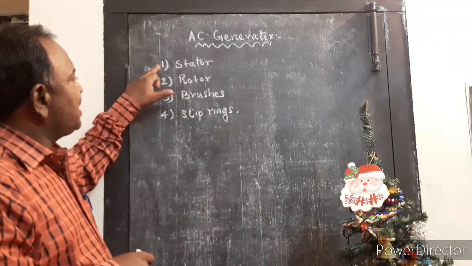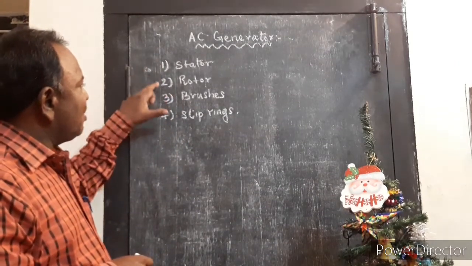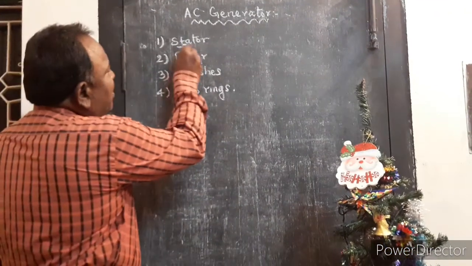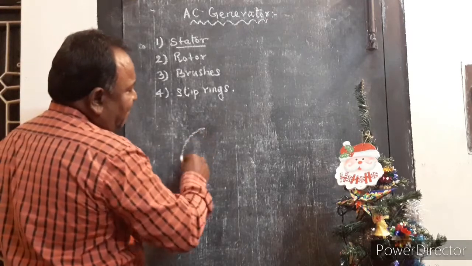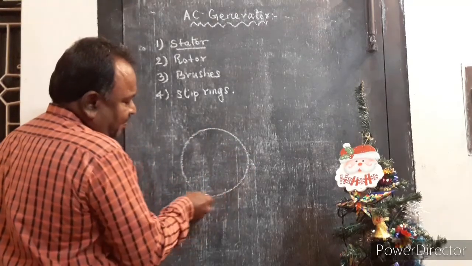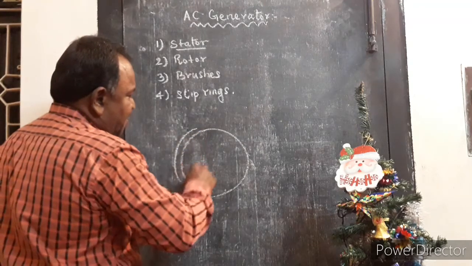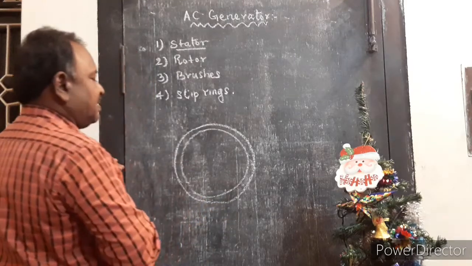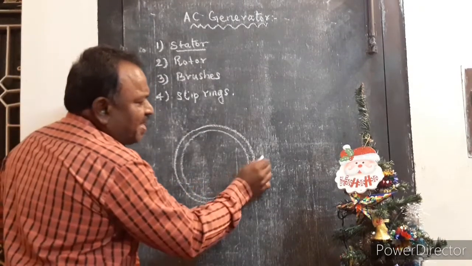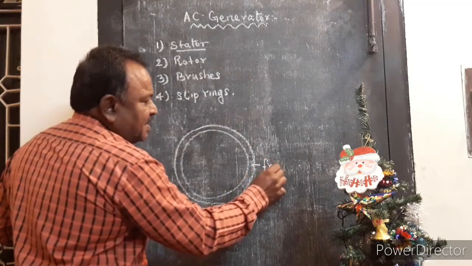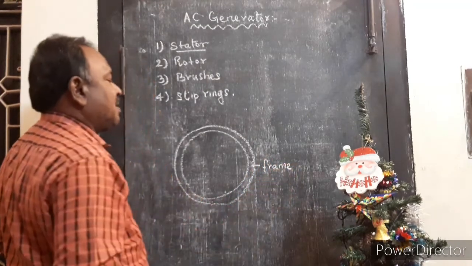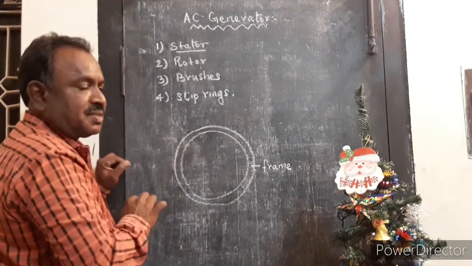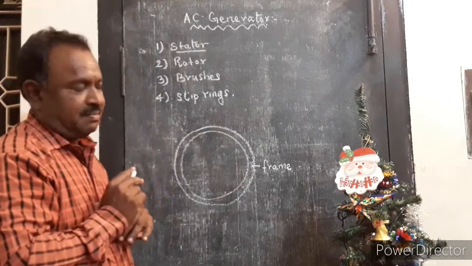Now we are going to see the construction of stator and rotor in detail. Regarding the stator, it has a frame. This is the frame of the stator. The function of the frame of the stator is that it holds the stator core and the armature windings in a proper position.